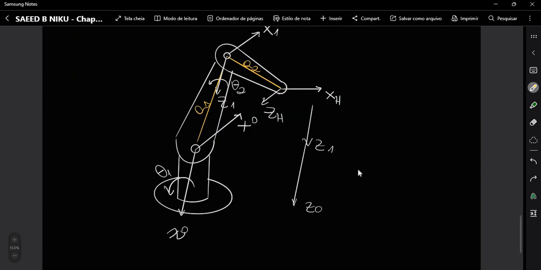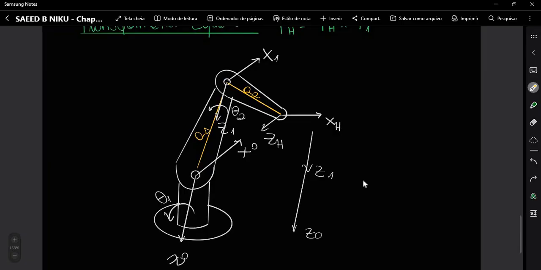Okay, and let me also try to represent what this second motion of translation we will do.